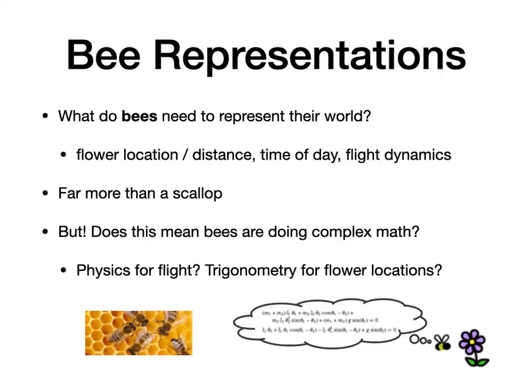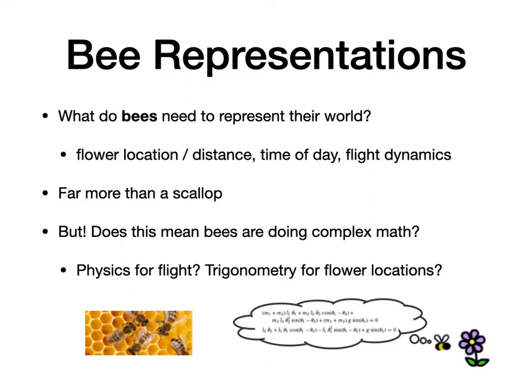In a different vein, bees. Similar. What do bees need to represent their world? They do actually a pretty good job. Bees are a little bit more complex creatures. They understand things like the locations and distances of flowers, the times of day.